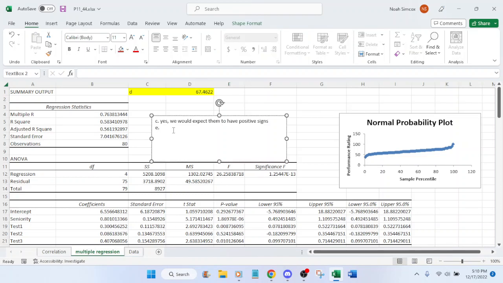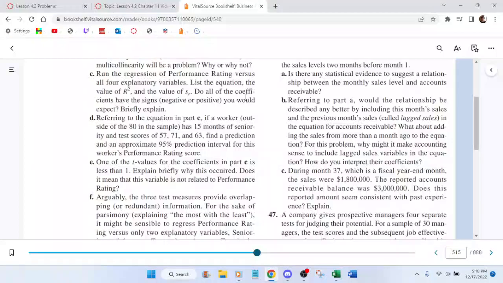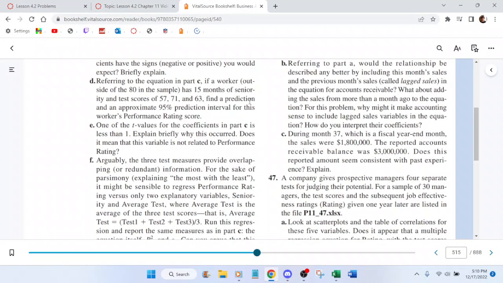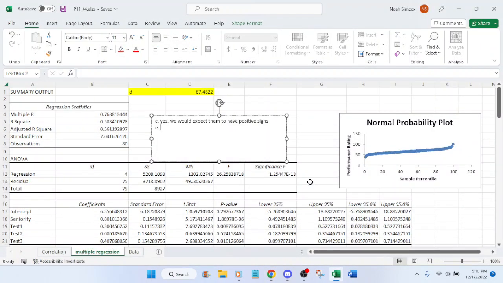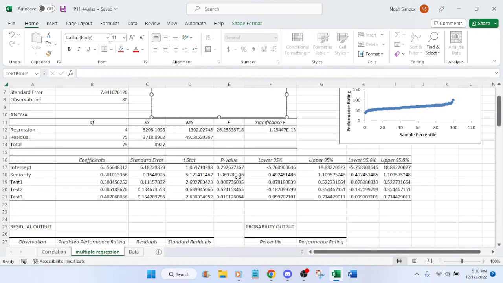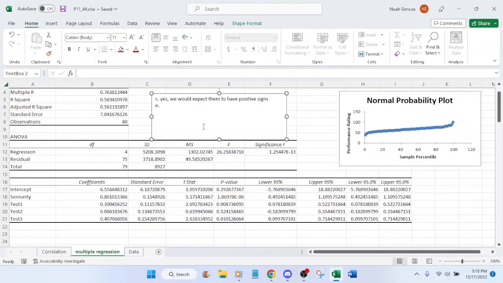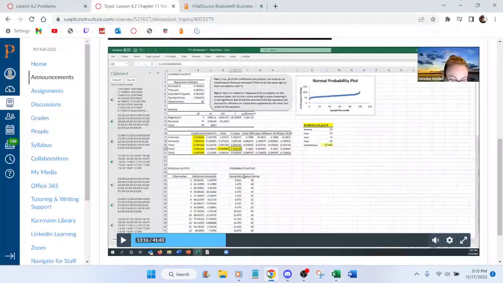E. T values for coefficients. What the heck is E? What does that mean? What is T value anyways? T value? What are you talking about, T value?